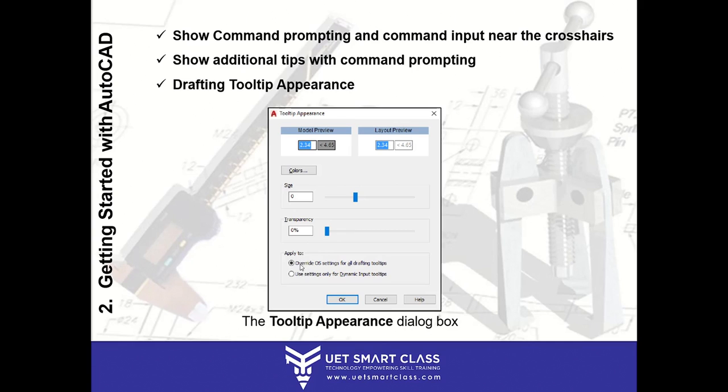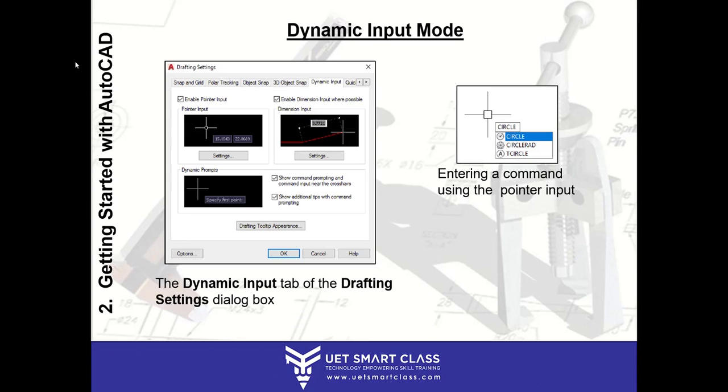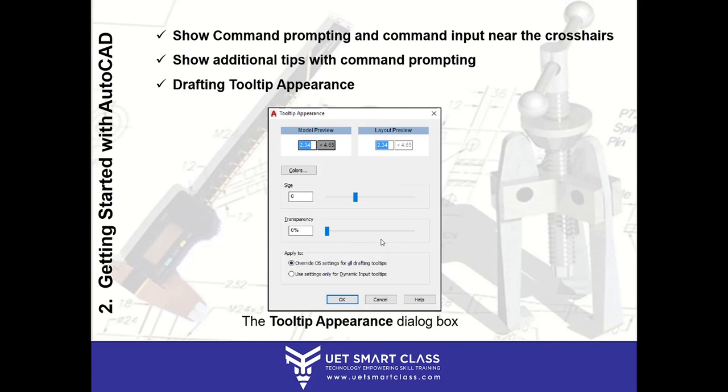But if you select override OS settings for all drafting tooltips, then these settings which you change will be applied to all the drafting settings: OSNAP, polar tracking, all the other settings in the drafting settings dialog box, like snap and grid, polar tracking, object snap. Wherever tooltips are applied, these settings will change accordingly.